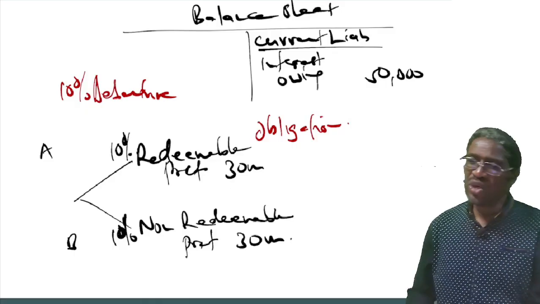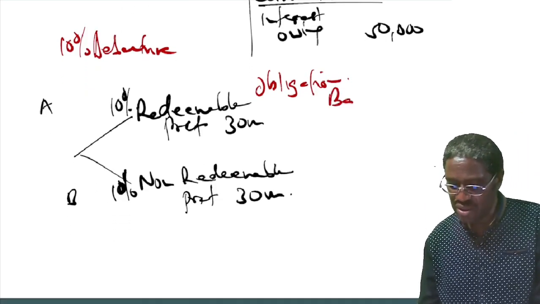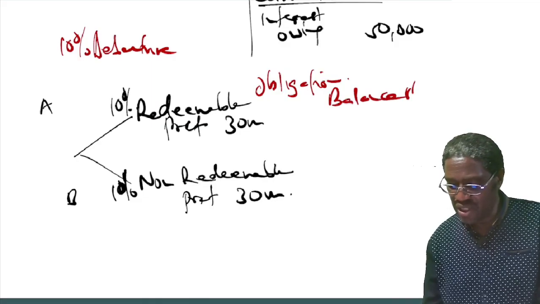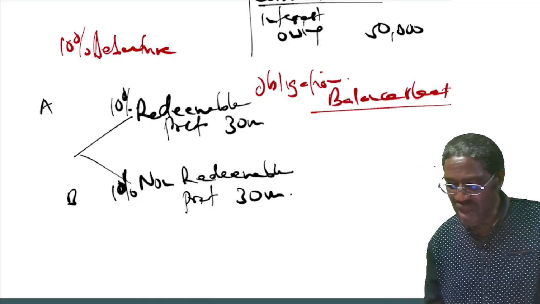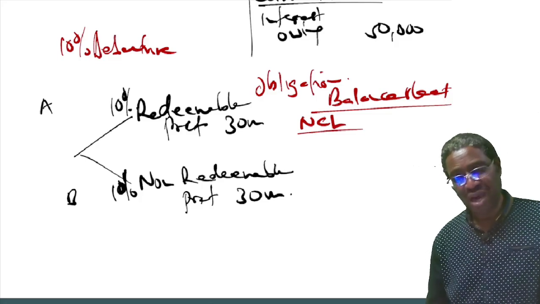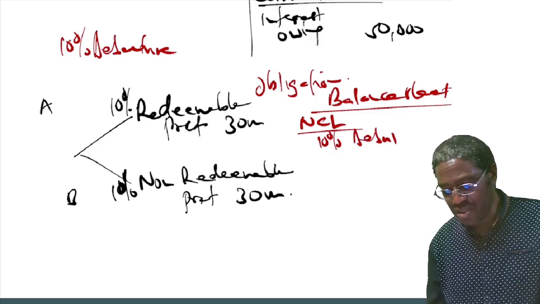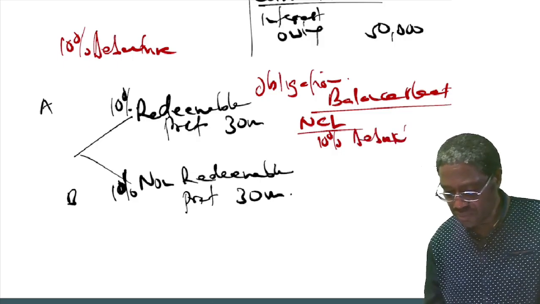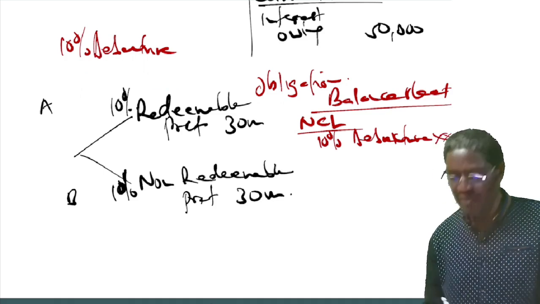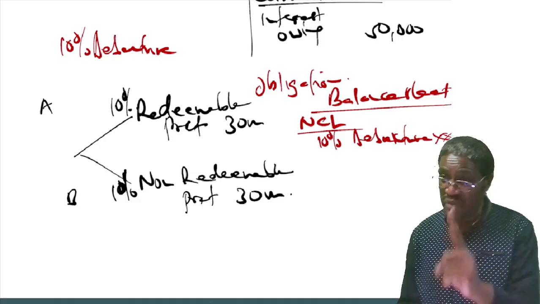Listen, so they will normally take that debenture to the balance sheet. They would normally take that debenture to the balance sheet among the non-current liabilities. So among the non-current liabilities there, the company will have a 10% debenture, whatever the amount. Why? Because they have an obligation to pay back.